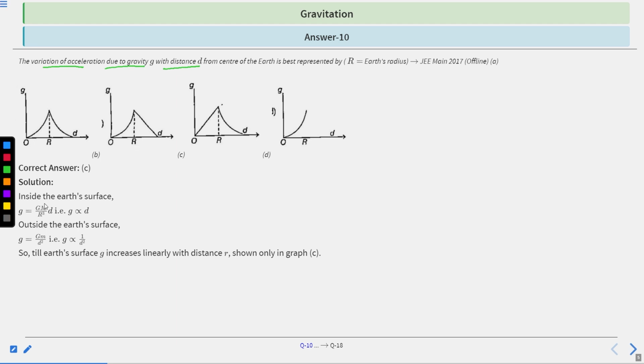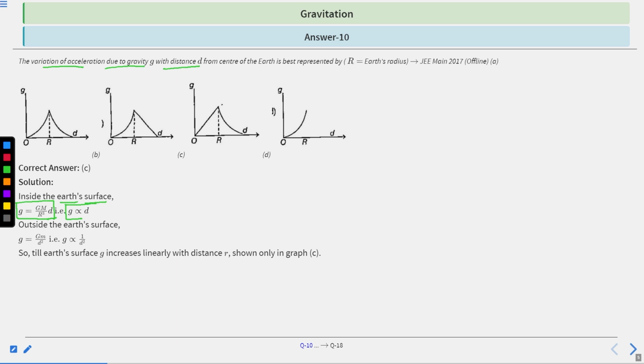Inside the Earth's surface, we know the formula, g is equal to GM divided by R cube multiplied by d, and g is directly proportional to d.